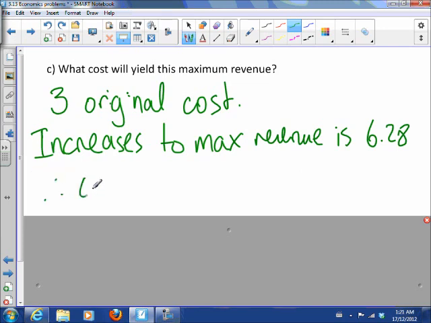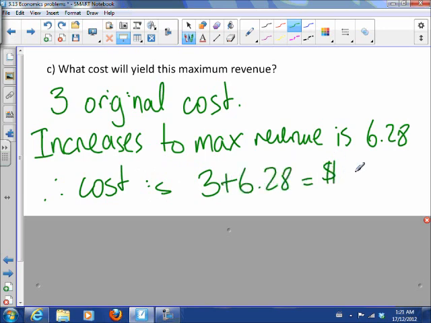So the cost should be 3 plus 6.28, which is $9.28.